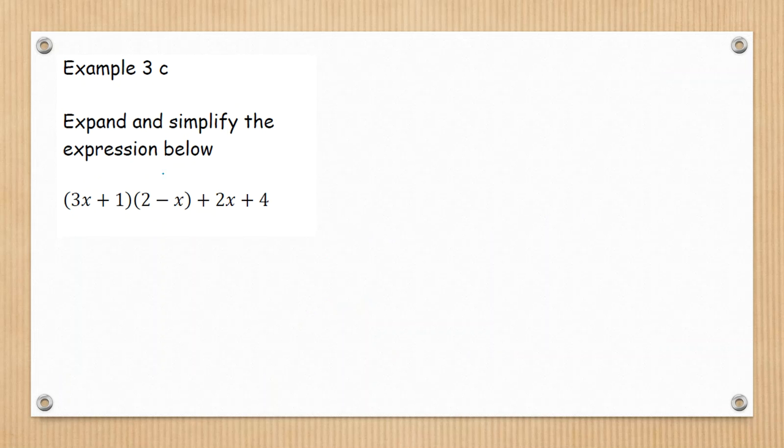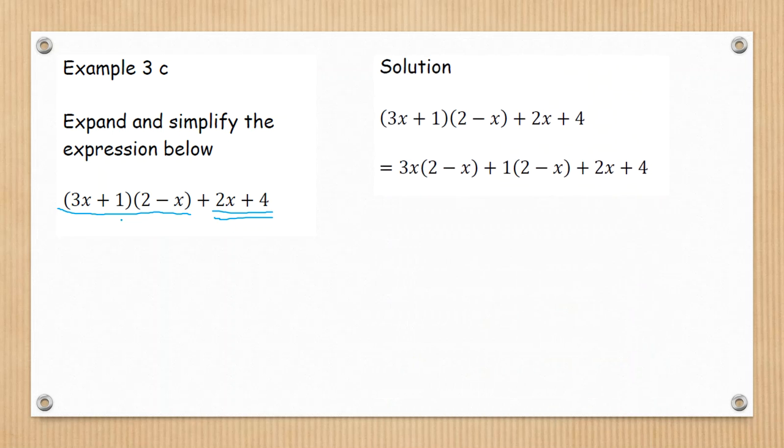So for C, this time around, we don't have any kind of special product here, but we need to expand this part and then just add this bit on. You can see there's no brackets here, so we're not going to worry about this part until we've expanded the brackets. So this one doesn't actually involve any special products. We just need to expand the first bit.